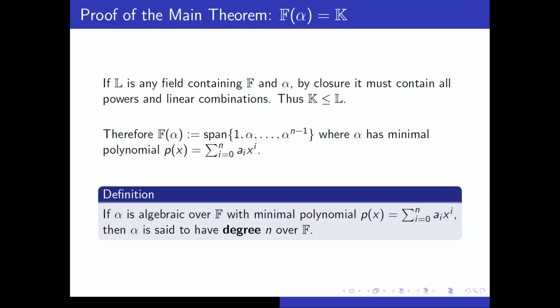From here on, when we're dealing with an algebraic element, if it's got a minimal polynomial of degree n, to simplify matters, we'll simply say that alpha has degree n over F. So once you encounter that it has degree n over F, that means you know 1, alpha, up to alpha to the n minus 1 will form a basis of F adjoined alpha.